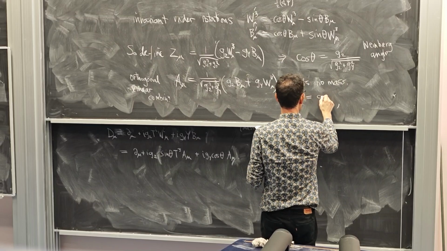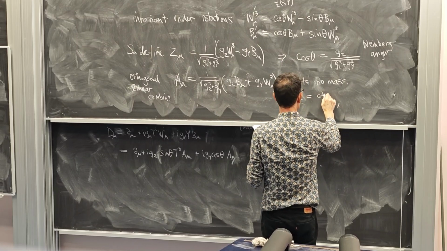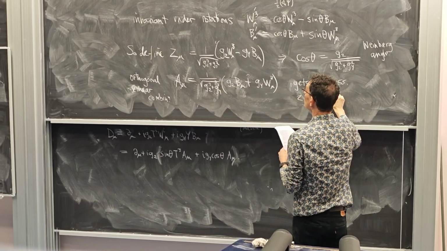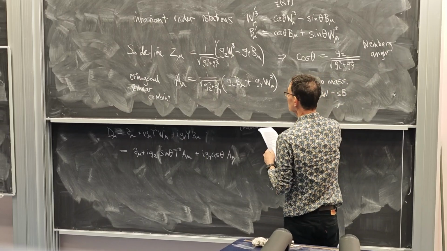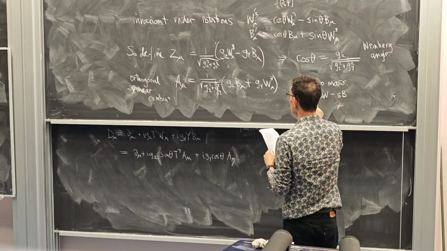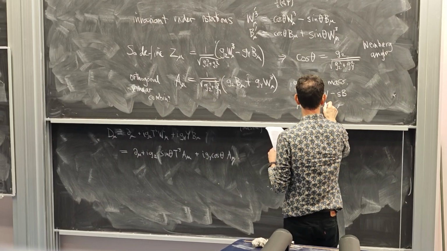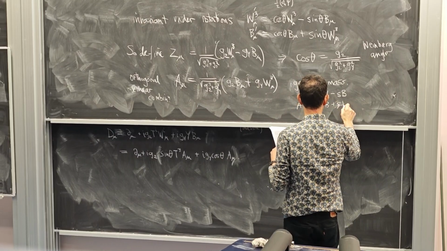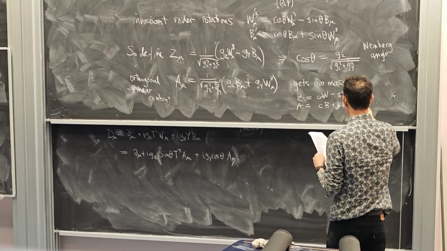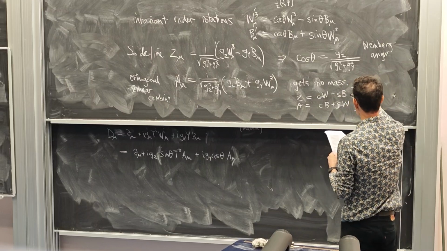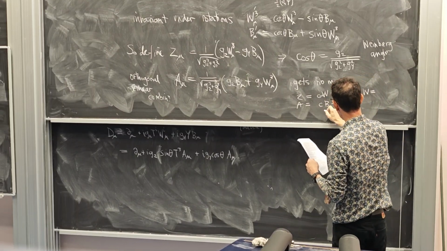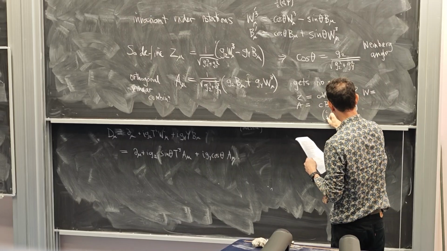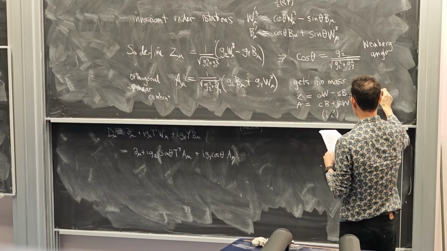So Z is cosine theta W minus sine theta B. A is cosine theta B plus sine theta W. This is an orthogonal rotation, C minus S, S C. We can invert it.